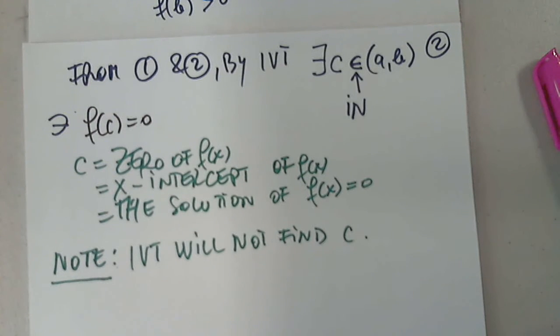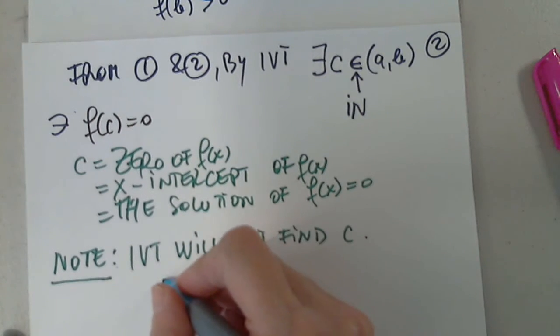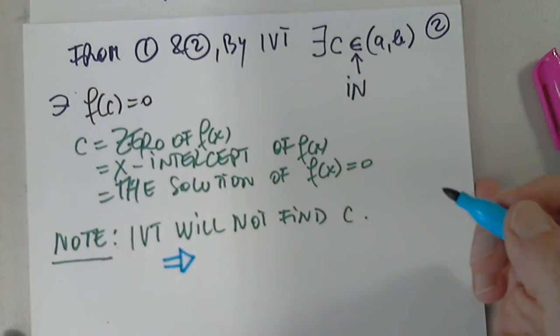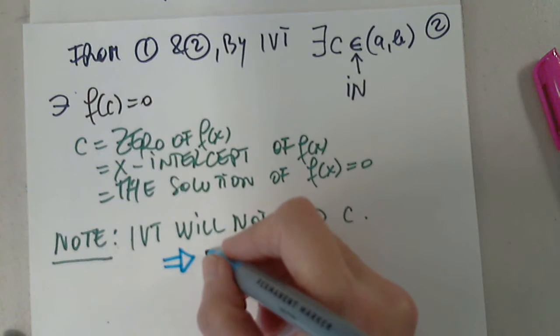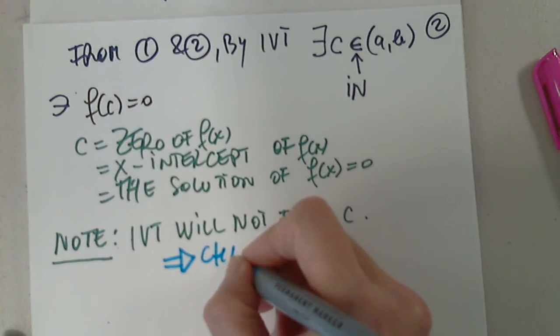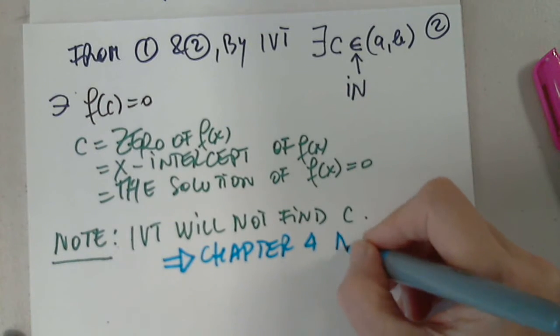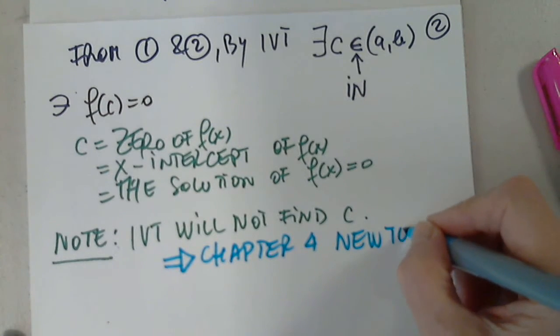But I can't tell you what it is. However, this is extremely helpful, and we are going to base everything on this. Not, I shouldn't say everything, but you will see where this is coming into play again in Chapter 4, where you will learn Newton's method.